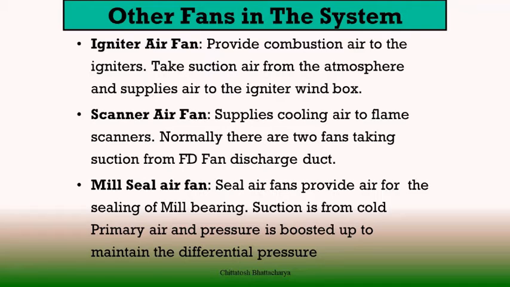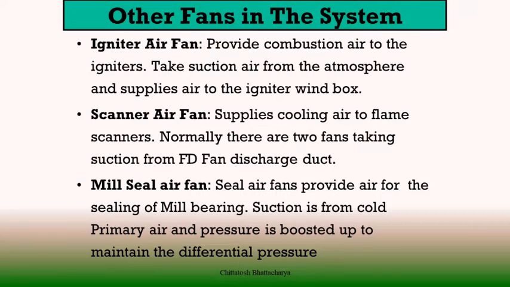So this type of fans are there at various locations, supporting the different systems, and they all work together depending on the requirement. Mill seal air fan line's intake is taken from the primary air system, the cold PA system, so that in case of failure of the seal air fan, sealing air can be supplied through the cold PA intake line.